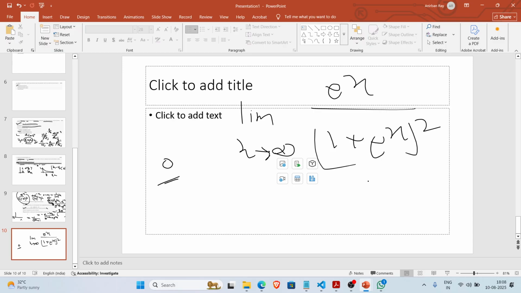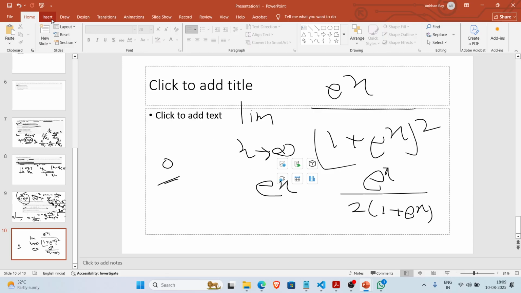So you can use the L'Hopital rule, but it is too much L'Hopital.